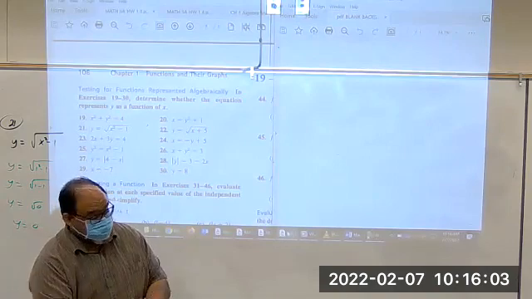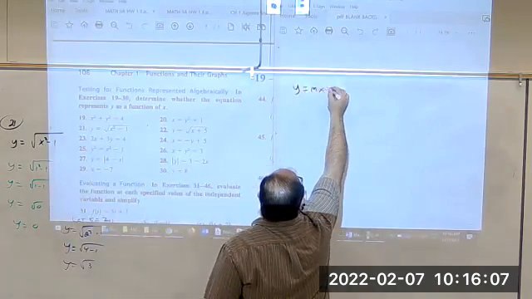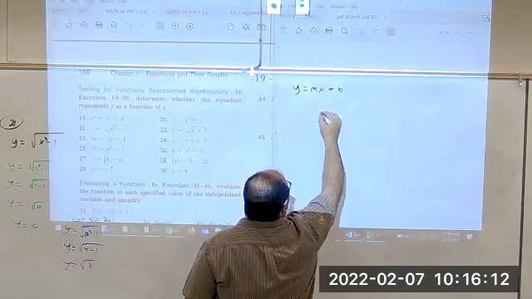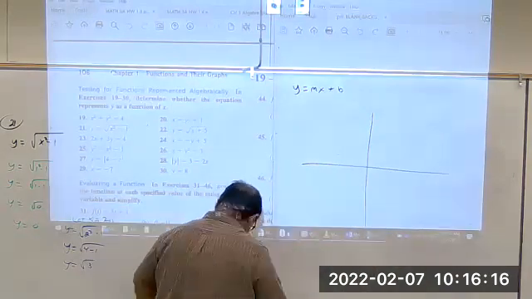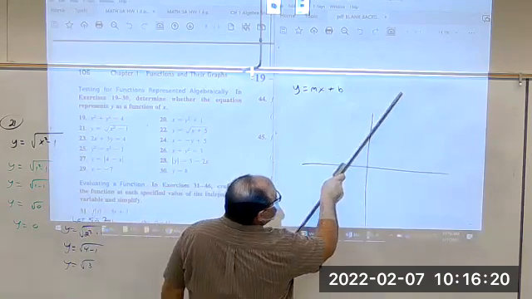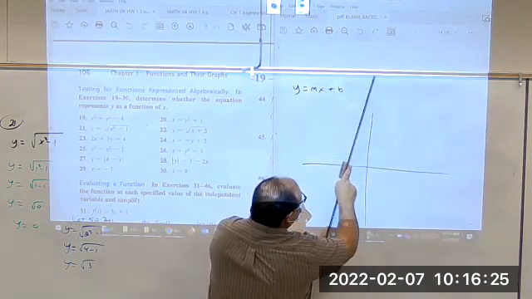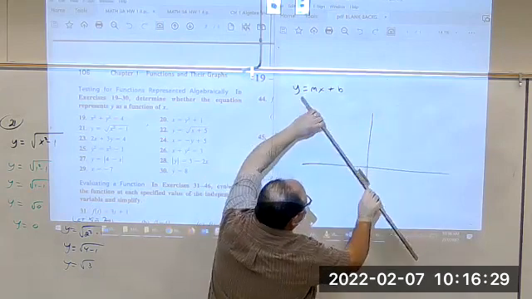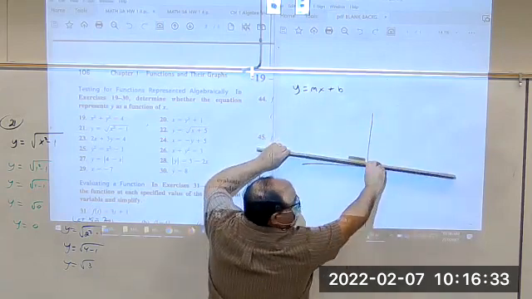Anything that has a slope and an x and then a plus b, with an x and a y, they look like this. If you got a positive slope, you're looking like this. Positive slope rises. If you have a negative slope, then it falls. All of those pass the vertical line test.